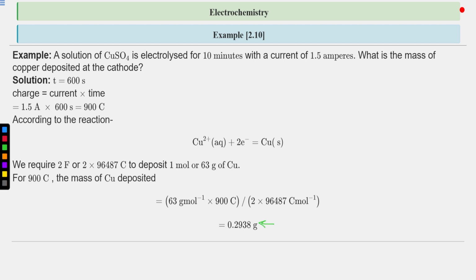So the copper that will be deposited for the 900 coulomb will be 0.2938 gram. That will be the answer, because the question asks for the mass of copper deposited. So the mass of copper deposited is 0.2938 grams.